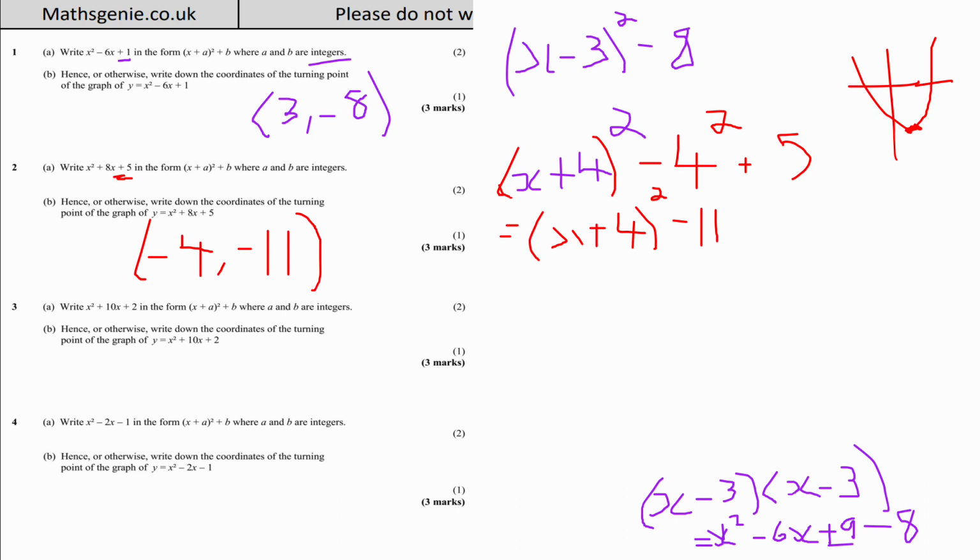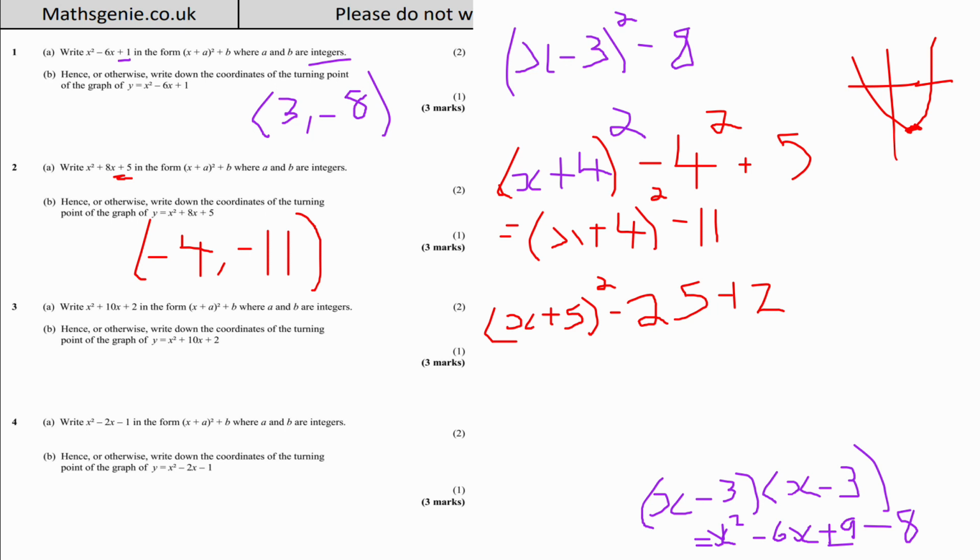Question number 3: write x squared plus 10x plus 2 in completed square form. So it's going to be x plus half of the coefficient of x, so half of 10 is 5, so x plus 5 all squared, subtract 5 squared, which is 25, and then plus that 2.